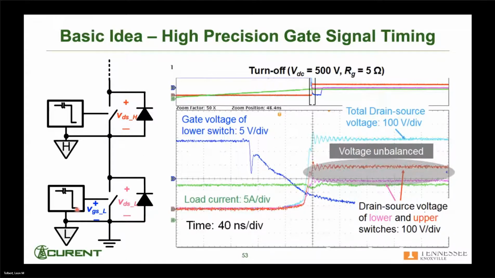Same thing here, at least in this case, showing the lower and upper device. And in this case, the upper device is switching a little bit more quickly, turning off more quickly. So now the upper device has a higher voltage blocking. Lower device less, because it was slower. It kind of turned off second.